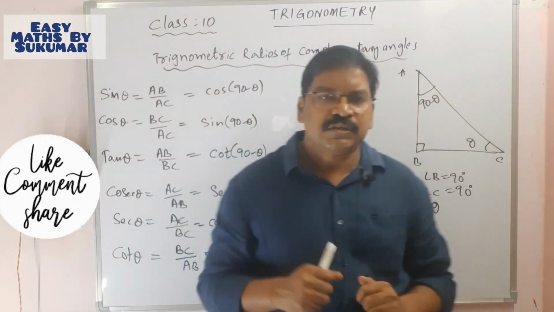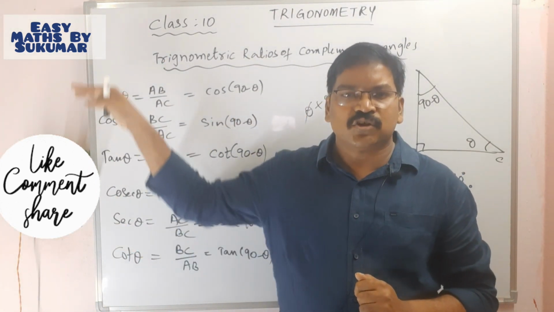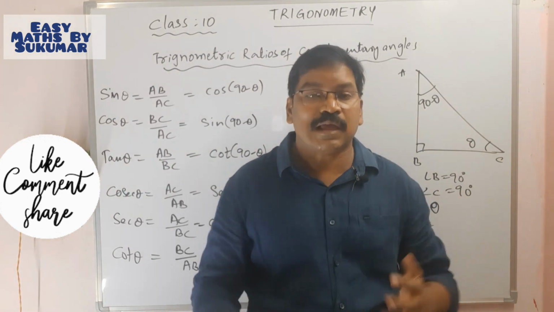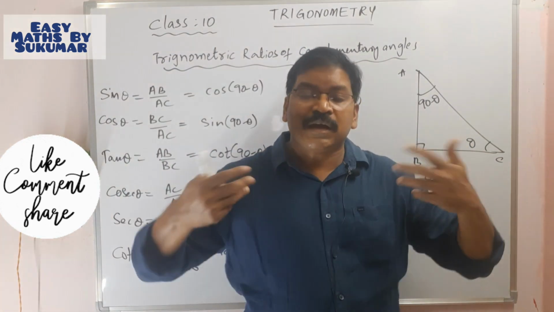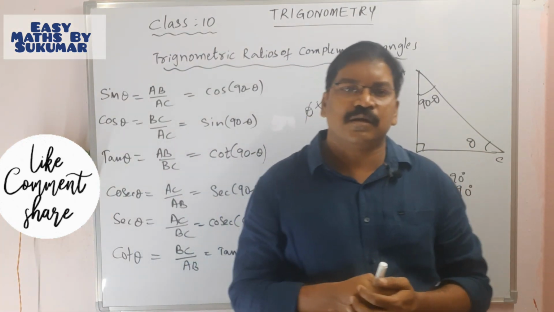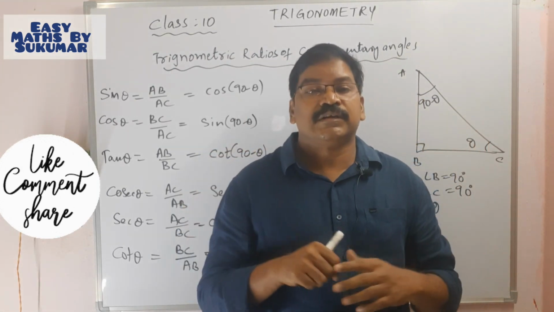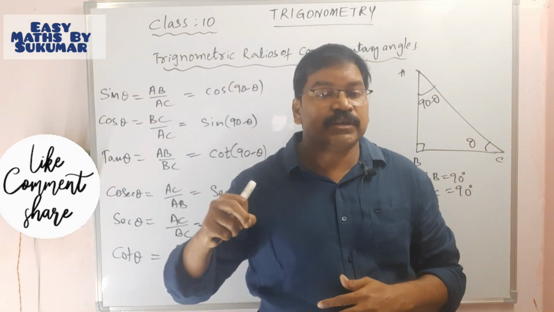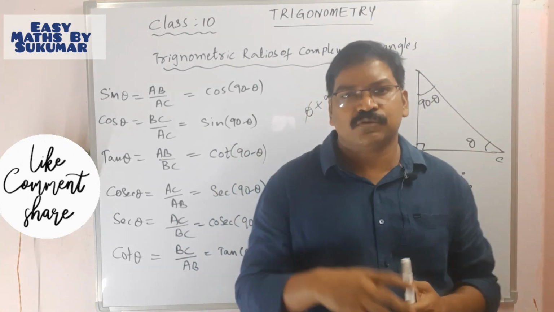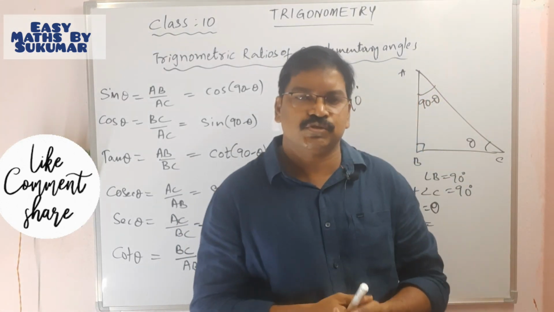See, my dear students, these trigonometric ratios of complementary angles will help us to understand clearly the trigonometric table, that means trigonometric ratios of some specific angles. Okay, I will explain that also, students.